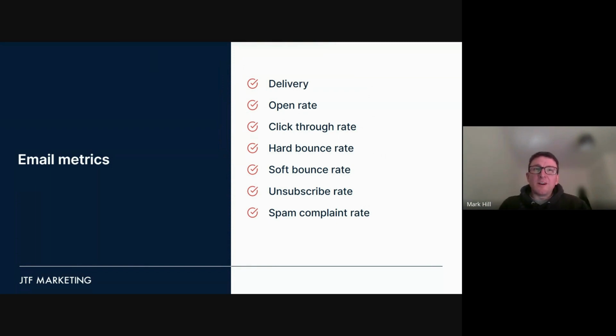And they also have all kinds of different bounce codes as well.